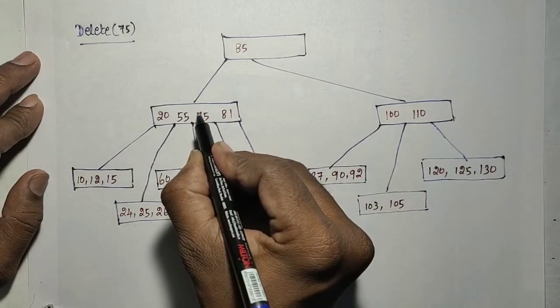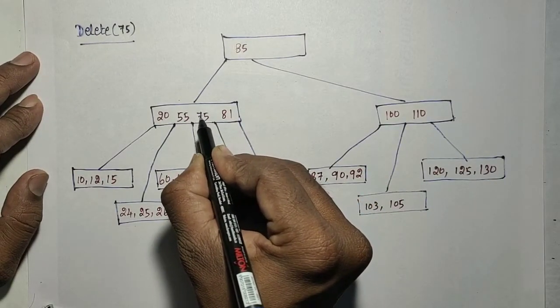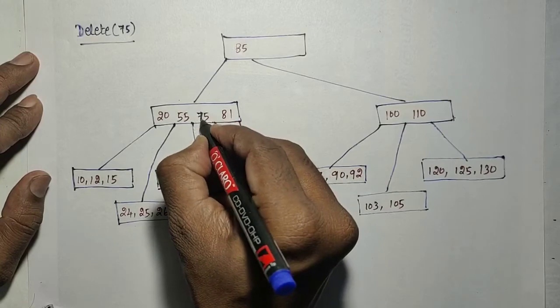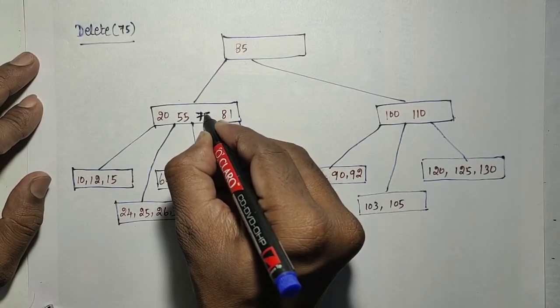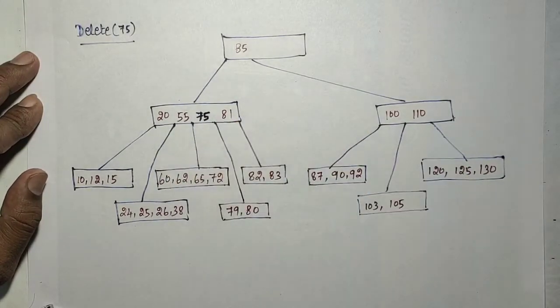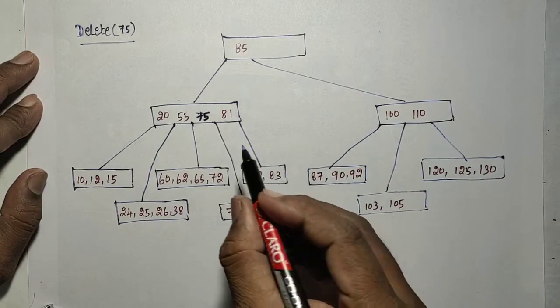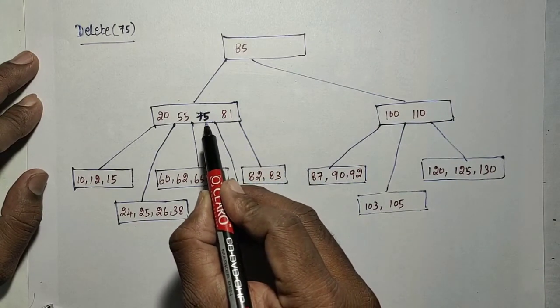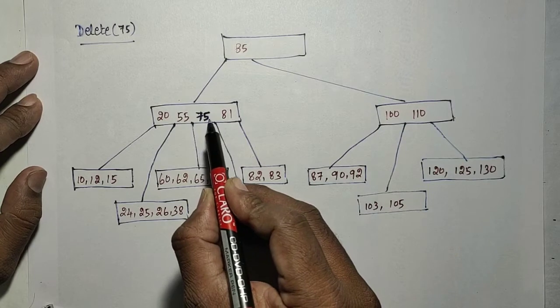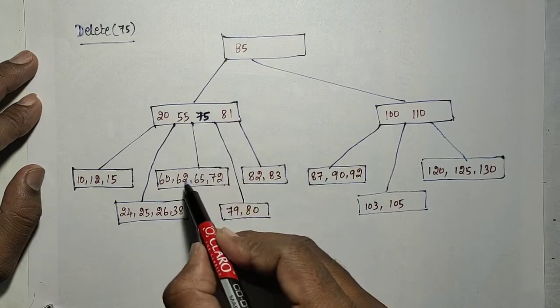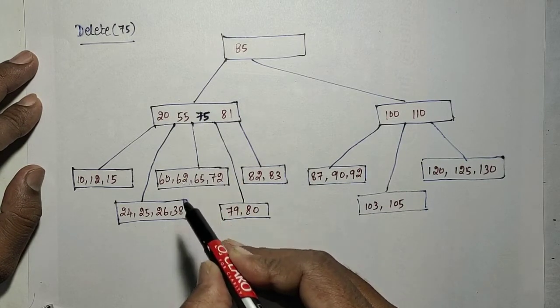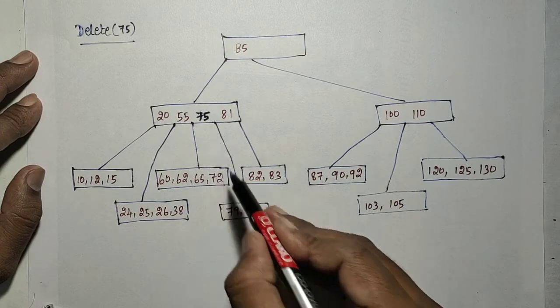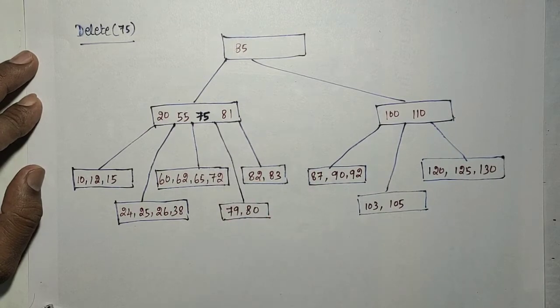So this is the element to be deleted, 75, correct? Here we can go with the left subtree rightmost element, or the right subtree leftmost element.